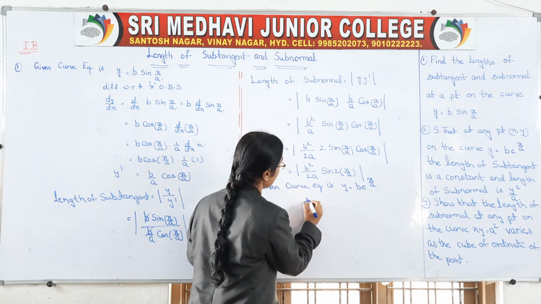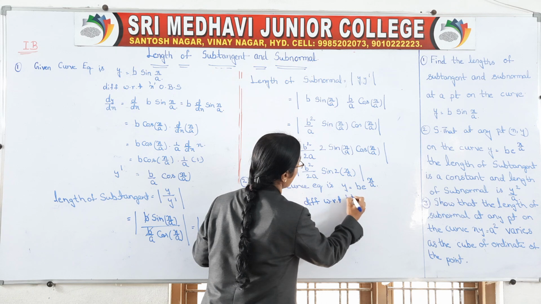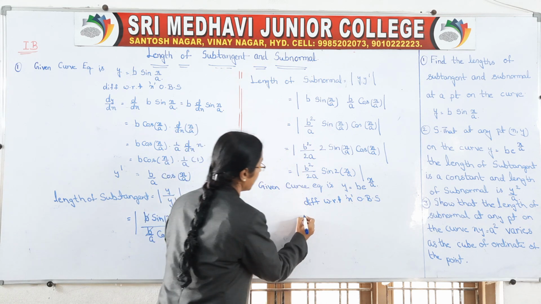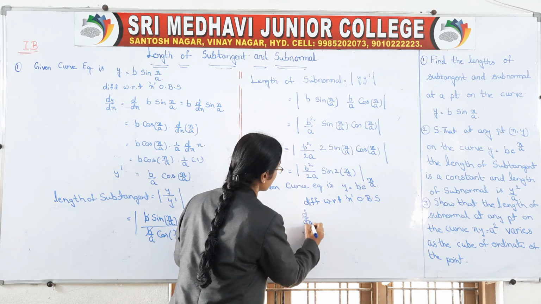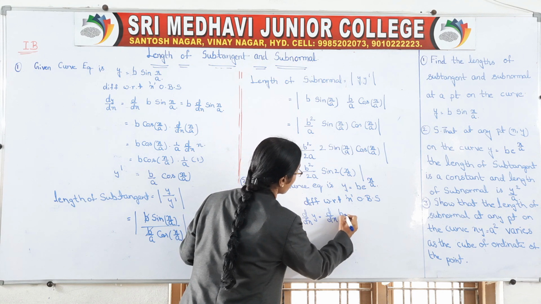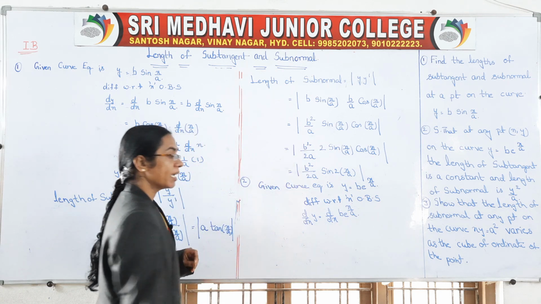So differentiating with respect to x on both sides. d by dx of y is equal to d by dx of b into e to the power of x by a.